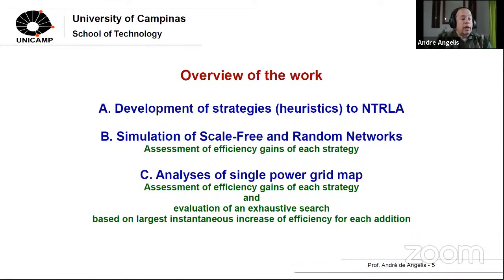We analyzed a single power grid map, the power grid of our country, and assessed the efficiency gains of each strategy again. And we performed the evaluation of an exhaustive search to include new edges. This exhaustive search was based on the largest instantaneous increase of efficiency for each addition.